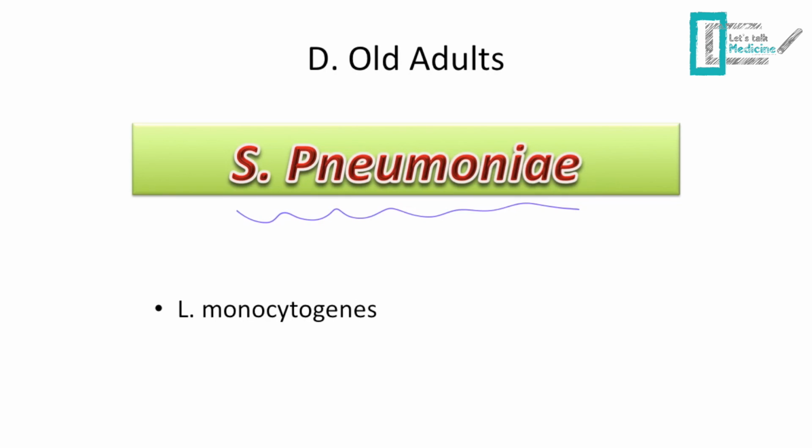Another thing, they are more prone to have Listeria monocytogenes infection. What we define as old adult or elderly in meningitis is people who are above 50 years old. So above 50, you have to suspect those two organisms, and according to that, when we come to the management plan, we are going to tailor the antibiotic therapy.